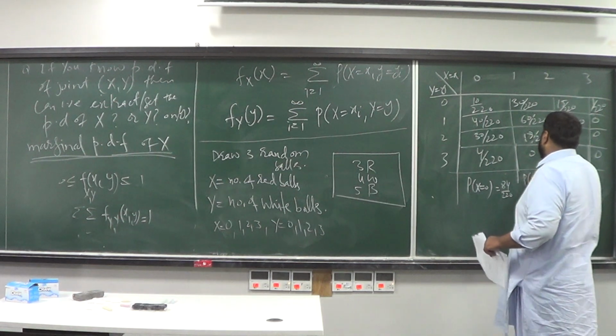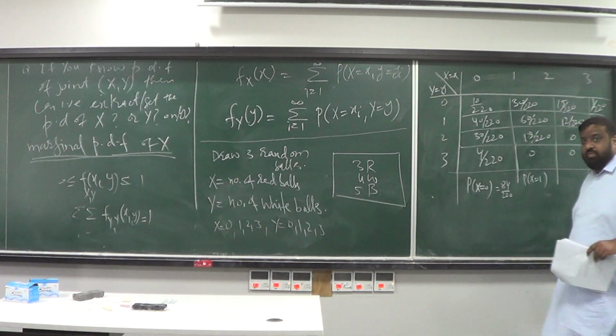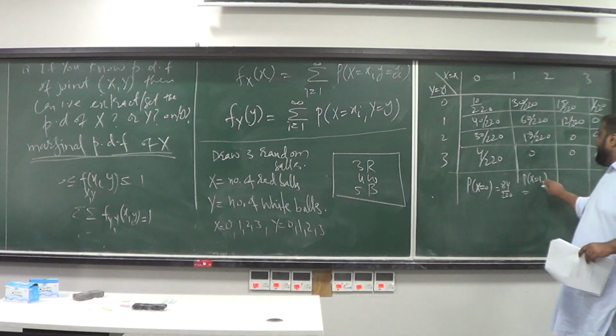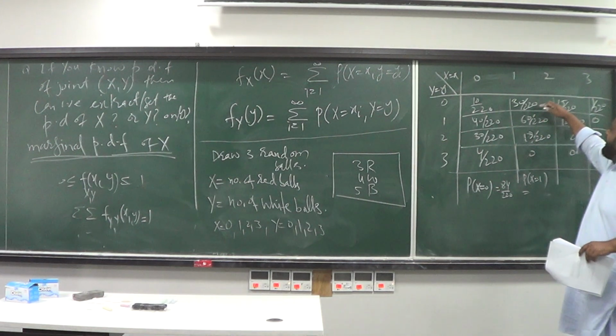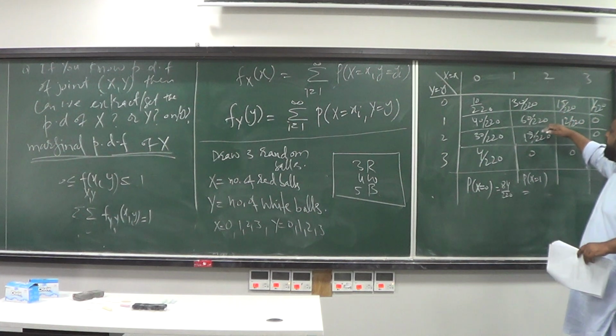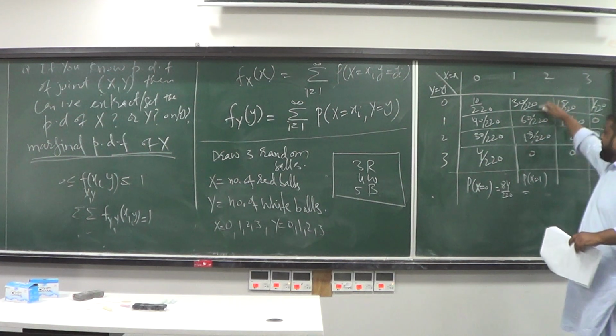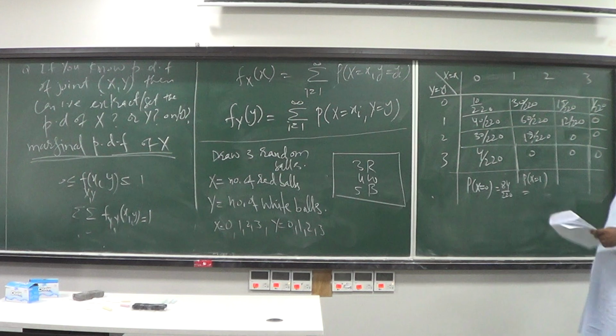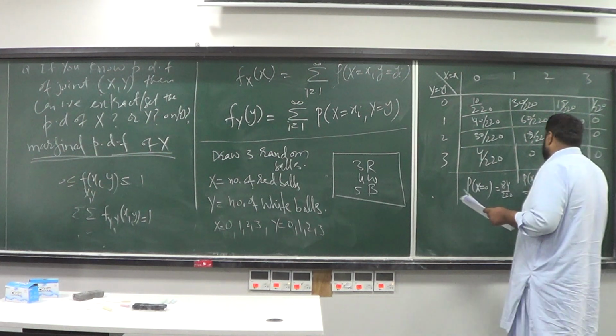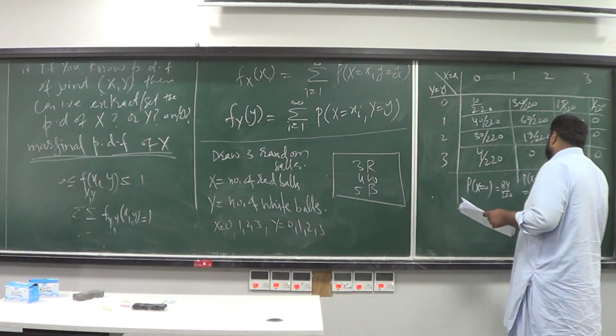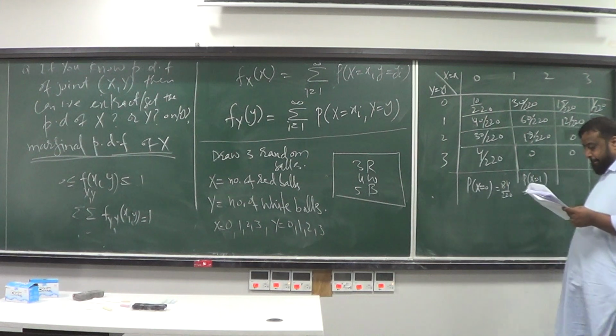This is the probability of X equal to 1. When X is 1, Y can be 0, 1, 2, or 3. You sum up all these probabilities and you get 108 by 220.